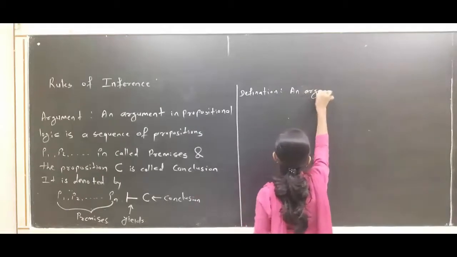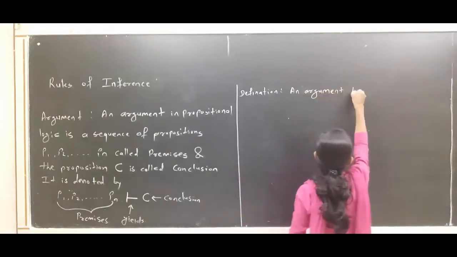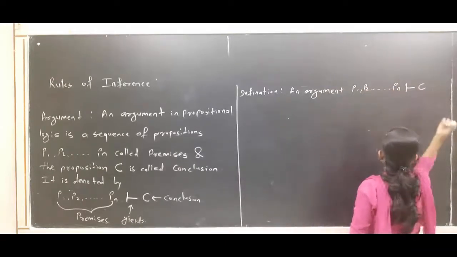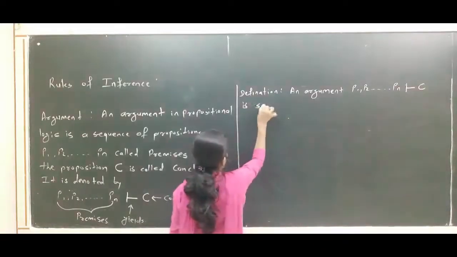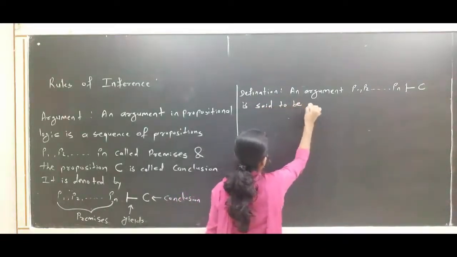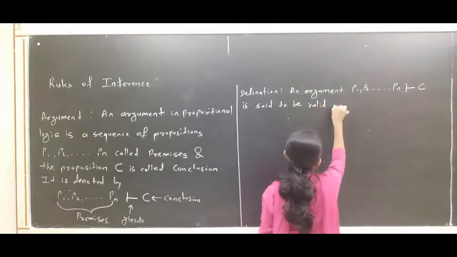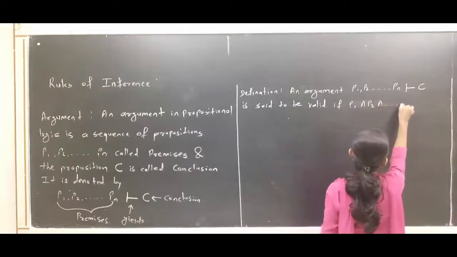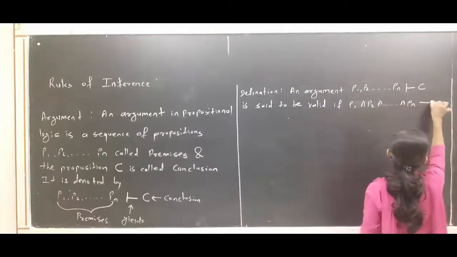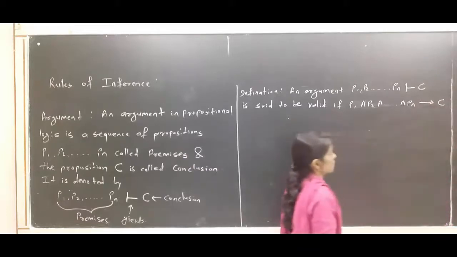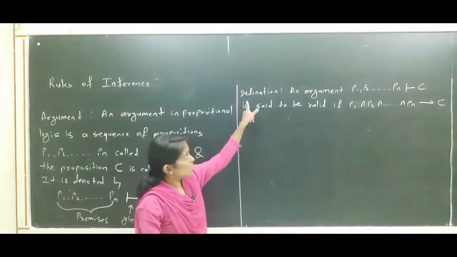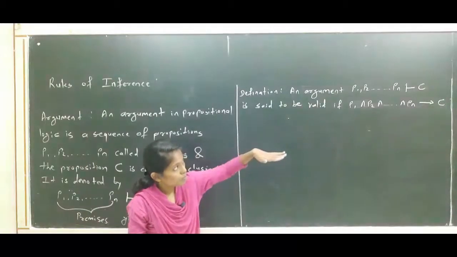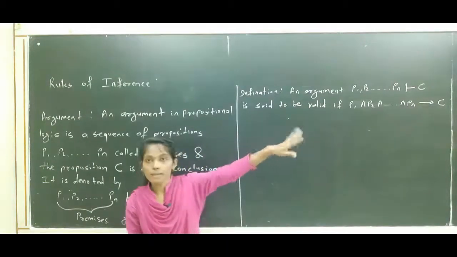An argument P1, P2, P3 and so on up to Pn with conclusion C is said to be valid if P1 and P2 and so on up to and Pn implies the conclusion C. So an argument is valid when the conjunction of the premises implies the conclusion.